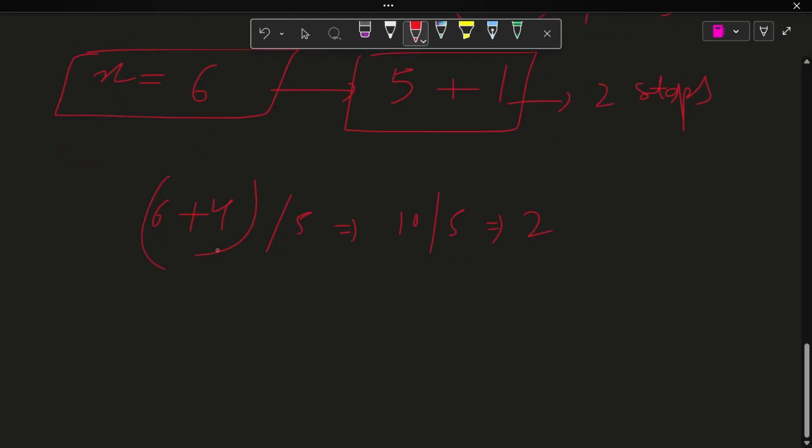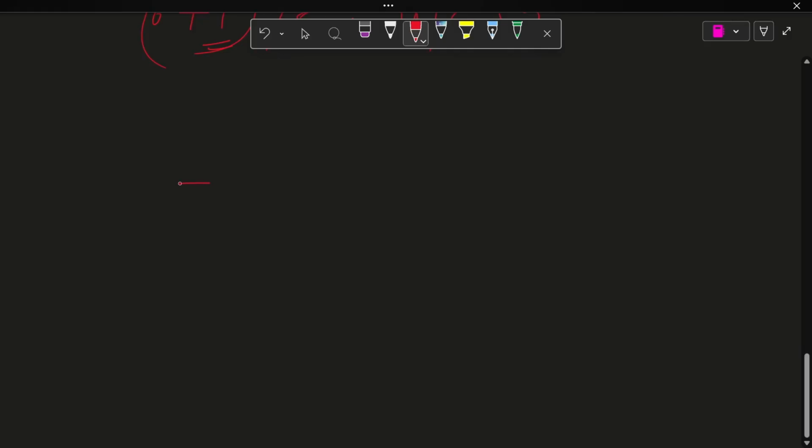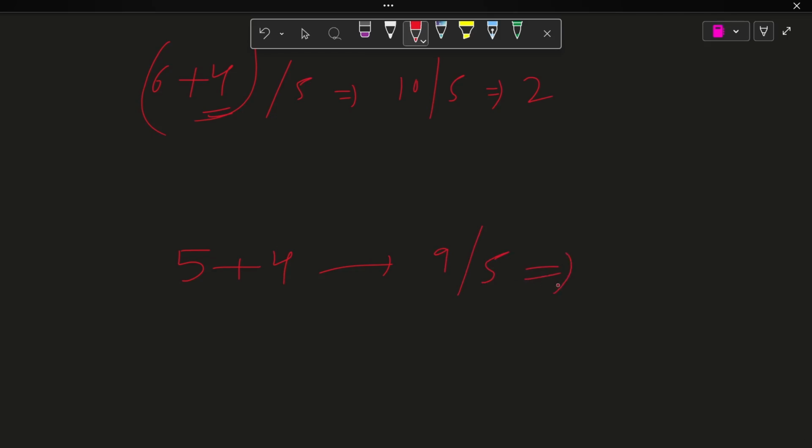So we add the value just less than 5 so that if it was, let's say, 5, and we added this 4, it will become 9, and 9 by 5 will give you 1.